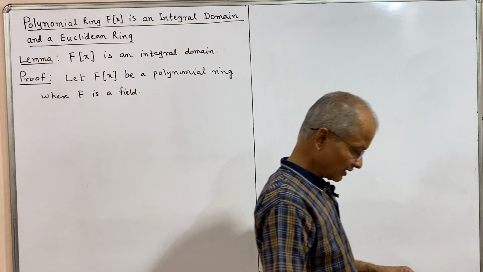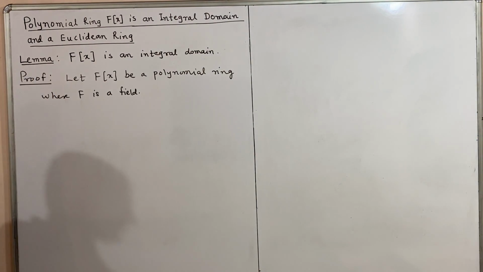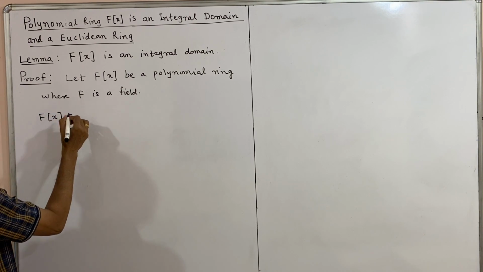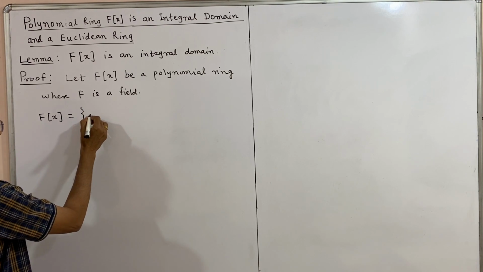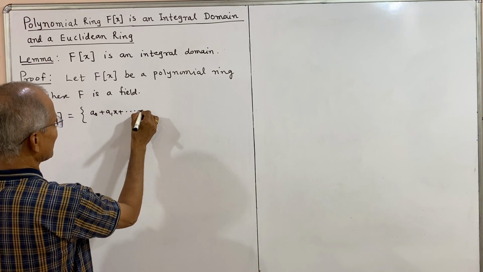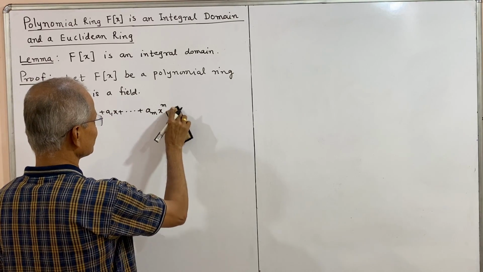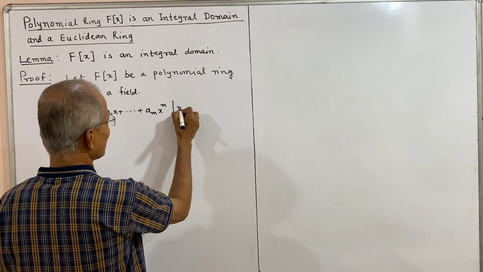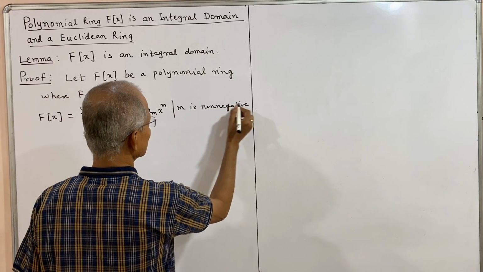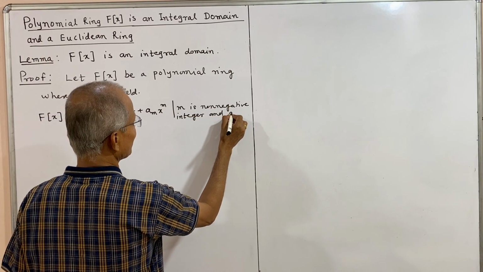That means it is the set of polynomials of the form a0 plus a1x plus etc. So F[x] is the set of polynomials of the form a0 plus a1x plus etc. plus am x raised to m, such that m is a non-negative integer and ai belongs to F.